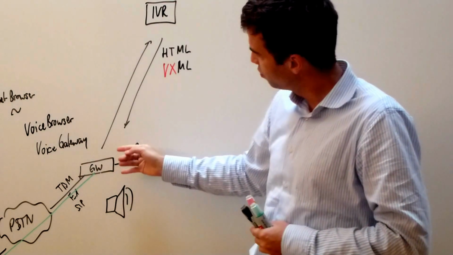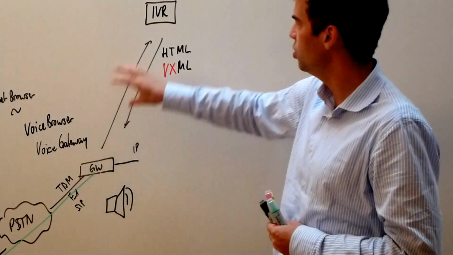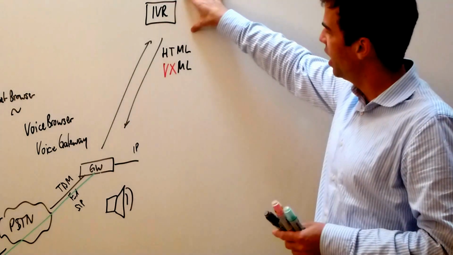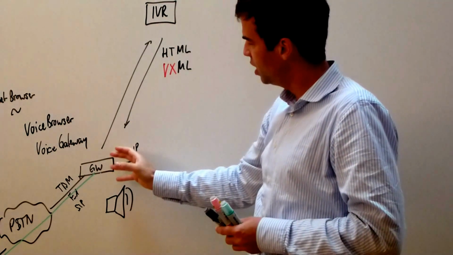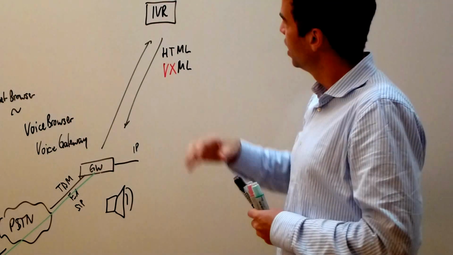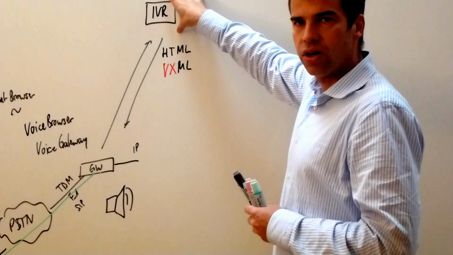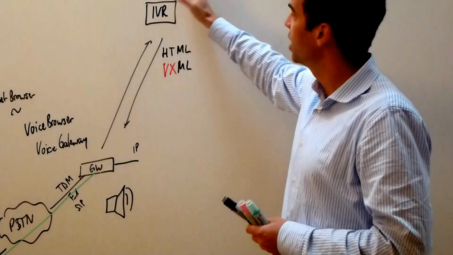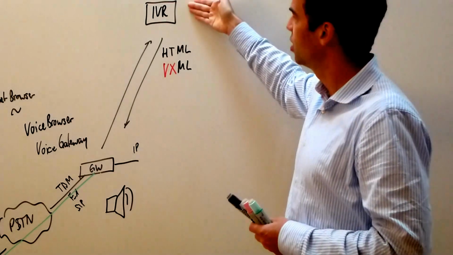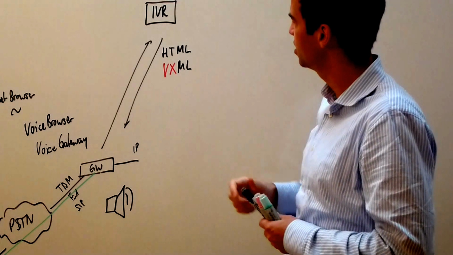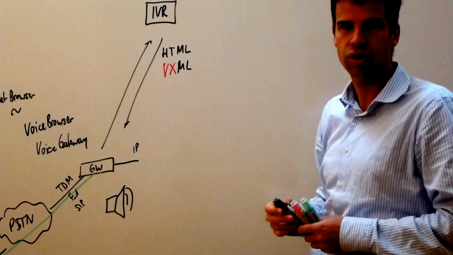The way the voice gateway communicates with the IVR is very much the same as Internet Explorer speaks with a web server. Actually, the IVR is also running on an Apache Tomcat web server, so it's nothing else than a web server. And the protocol, as you see, is very similar. Instead of hypertext markup language, you have voice extended markup language.